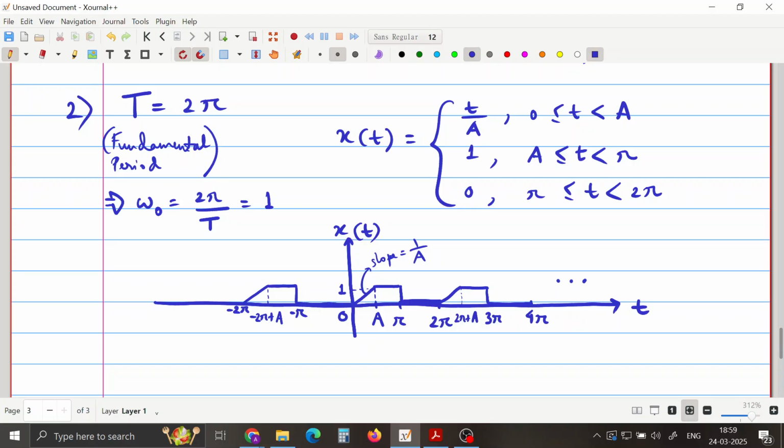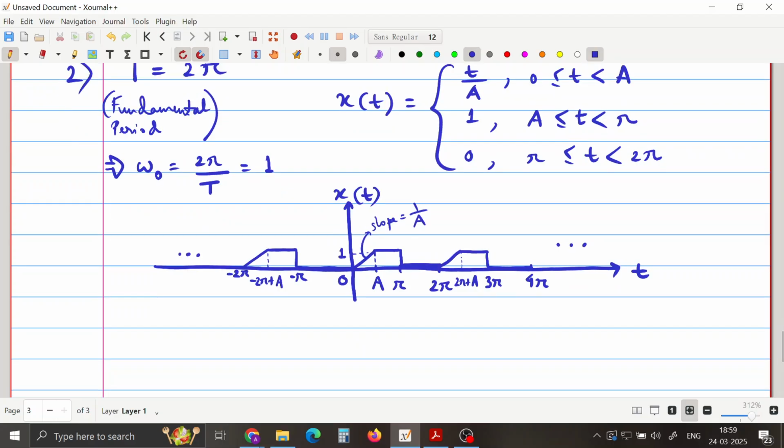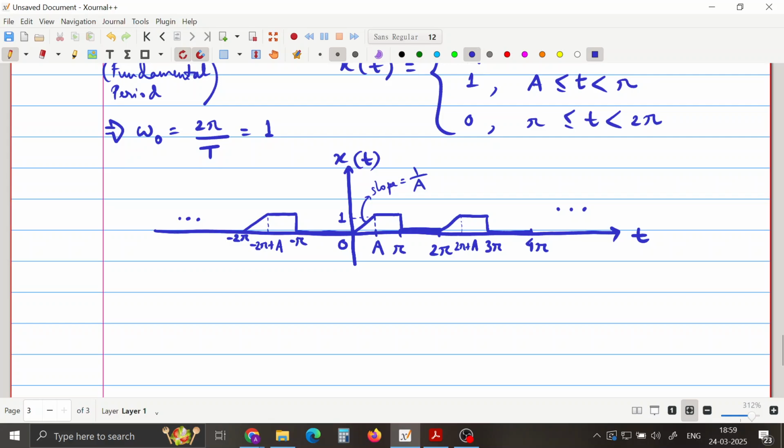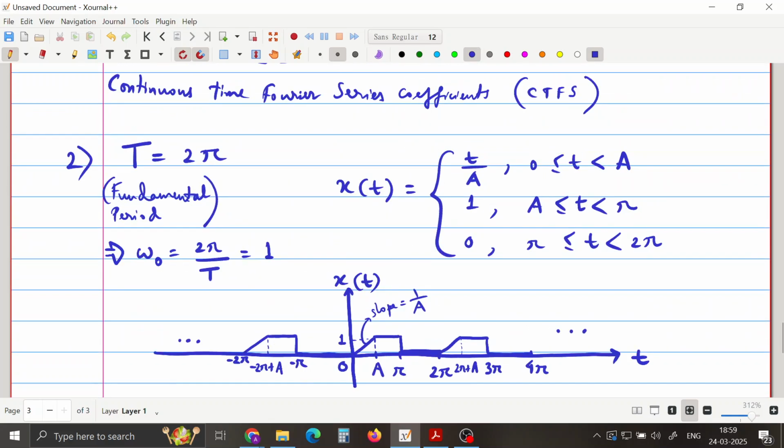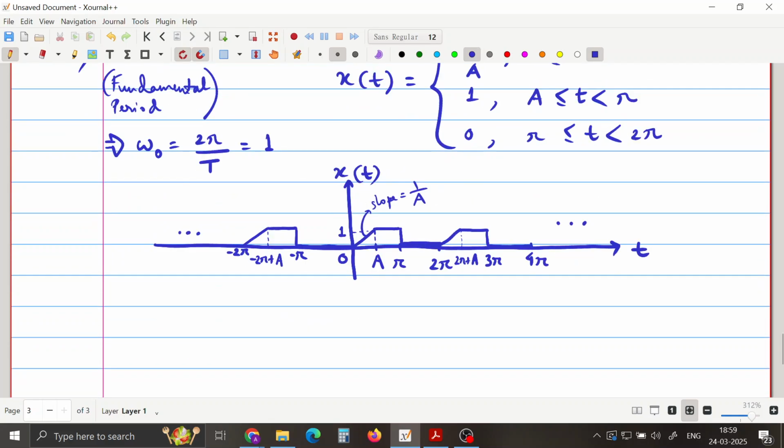It's like this, and it will repeat. So more or less it has this kind of a repeating pattern. Clearly this is a periodic signal with period 2 pi.